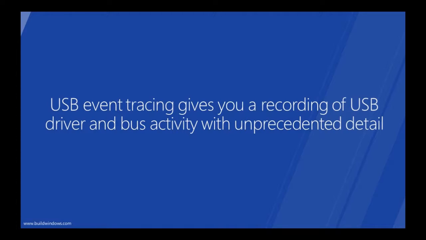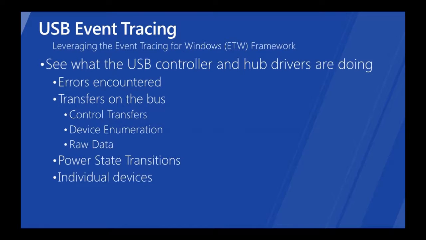USB tracing is the richest tool in Windows for recording USB driver and bus activity. USB event tracing is all about seeing what the USB controller driver and hub drivers are doing. These drivers enable all USB devices on the system. In the trace, you'll find errors encountered by the drivers, the transfers that went across the USB bus, including device enumeration transfers, other control transfers, and raw data.